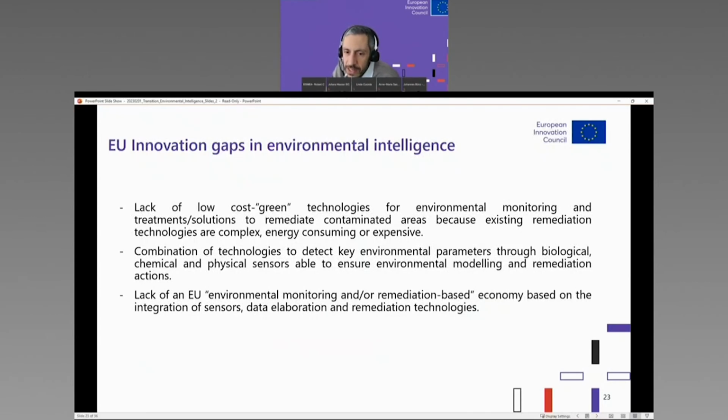So what we need is the combination of the technologies that I said before via different kinds of sources of data. They can be technologies that via sensors can get data via biological, chemical, or physical sensors. But once again, what we need is to have this kind of combination of the sensor, the elaboration of the data, and the remediation technology in an easy way.